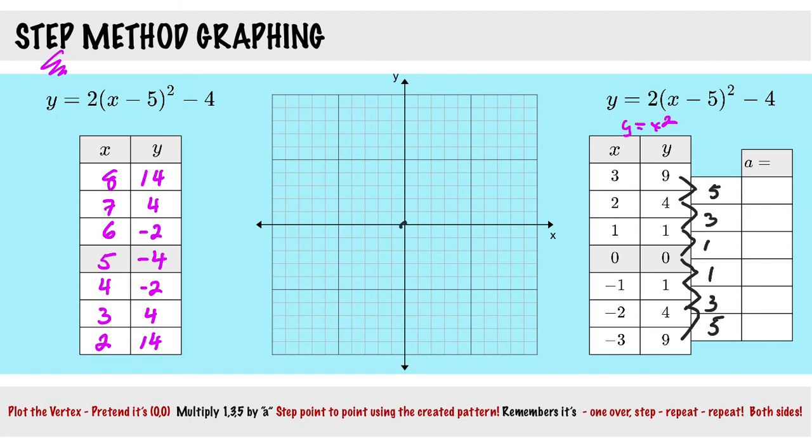So if I were to graph that, I would start with 0, 0, 1 over, step 1 up, 1 over, step 3 up, 1 over, step 5 up. So your steps are 1, 3, and 5. And it's the same on the left-hand side as it is on the right. So those are the original values of the parent parabola.